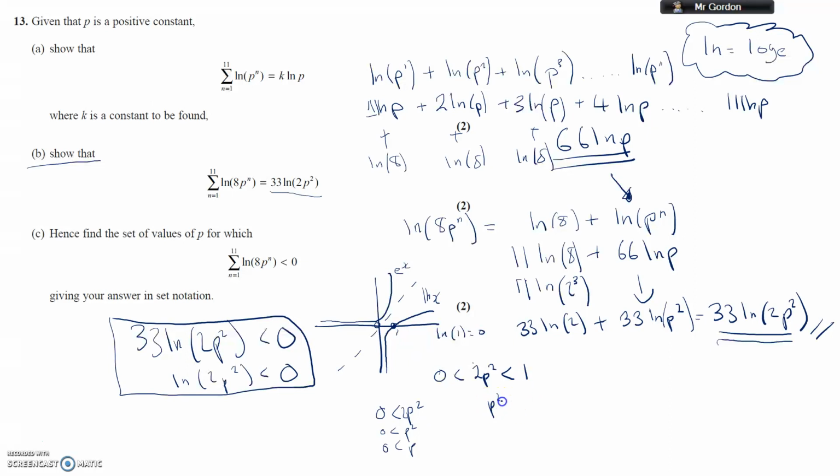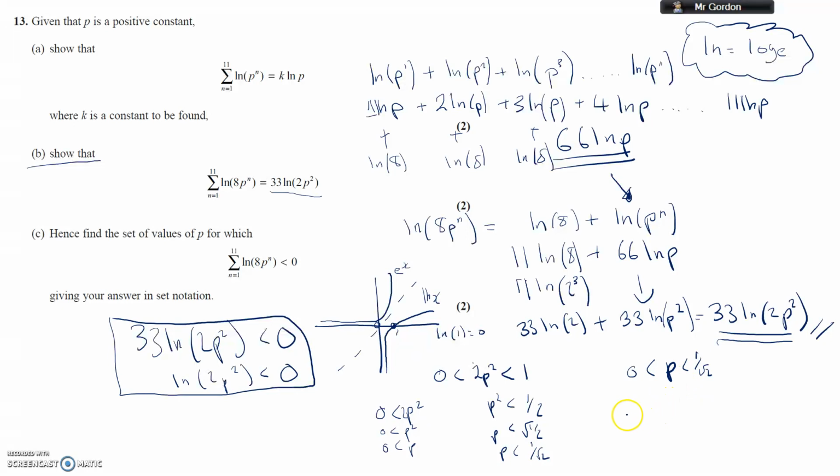So p squared, divided by 2, is less than a half. P squared is less than a half, so p is less than, square root of 1 is 1, square root of 2 is root 2. So our final solution is p lives between 0 and 1 over root 2.